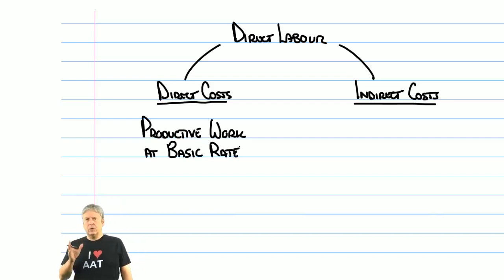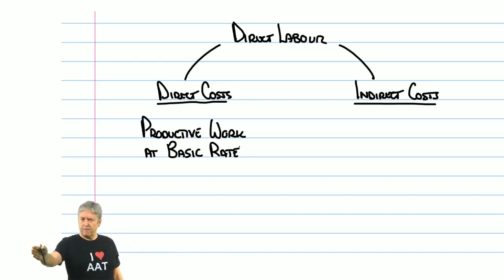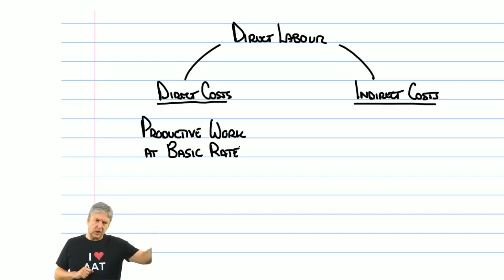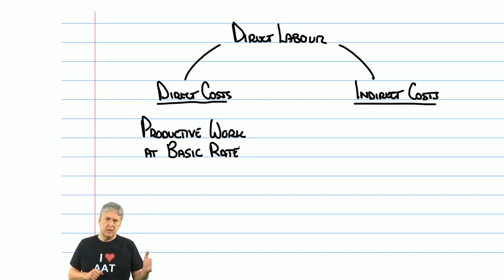You see, the issue goes something like this. I may be working for 50 hours this week. 10 hours are overtime. Does it make sense for me to charge the basic rate for the 40 hours that I normally work for some units, but a higher rate for the additional 10 hours that I work overtime for other units?